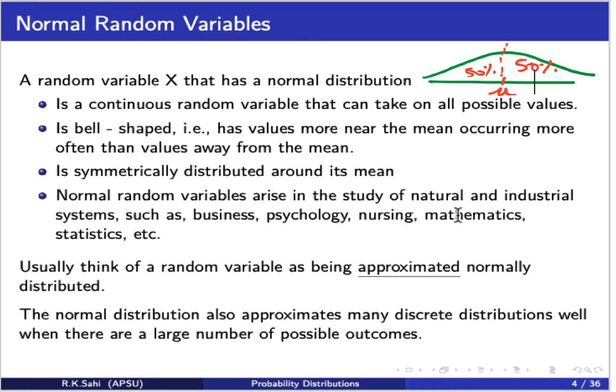So in a nutshell, if we think of a random variable as approximately normally distributed, we're talking about these bell-shaped curves. And later on we will see that this normal distribution also approximates many discrete distributions. Remember just a few minutes ago I was talking about the binomial distribution? That's one of the things we'll be talking about here. So a normal distribution also approximates many discrete distributions.